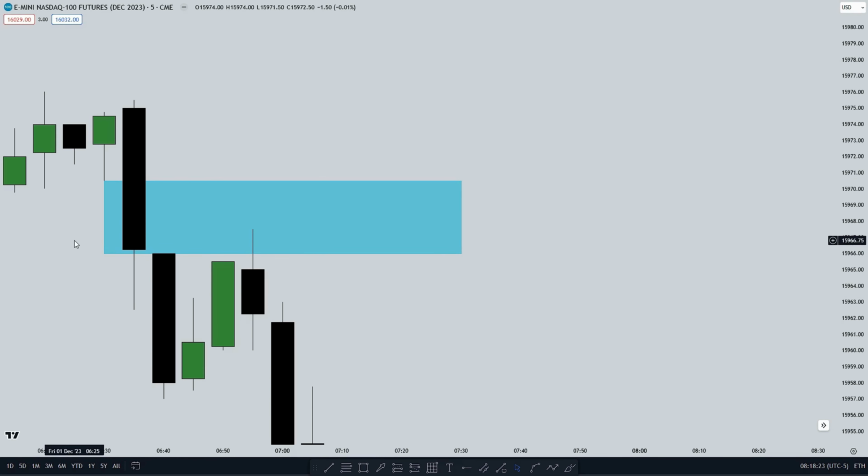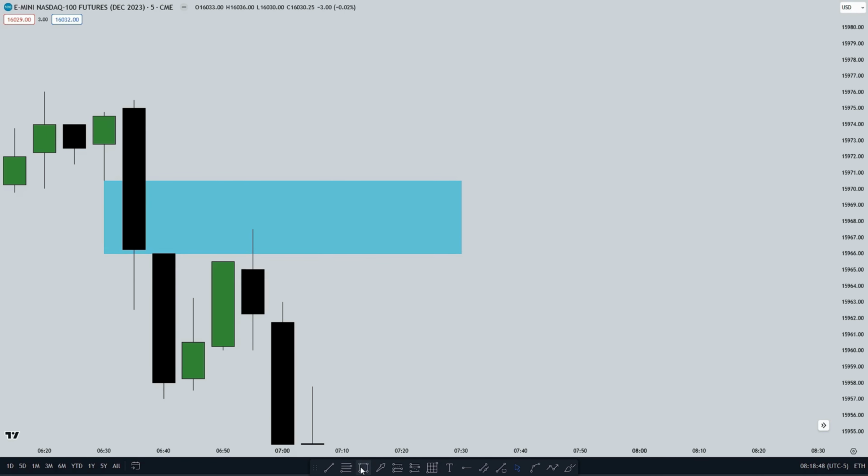So a favela gap is whenever there aren't any wicks or bodies overlapping a body, creating a favela gap. So what I'm basically trying to say is when we have this wick low all the way up to the top of this body, we have a gap when there's nothing overlapping this body.